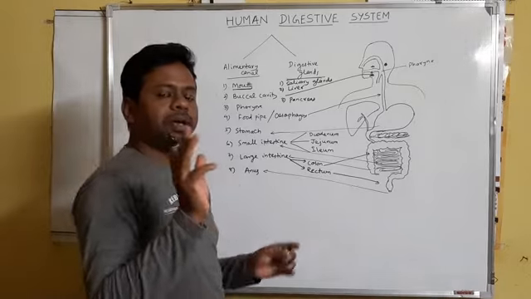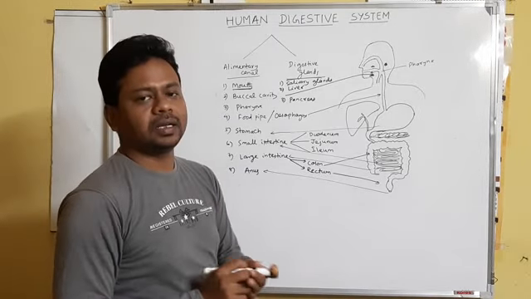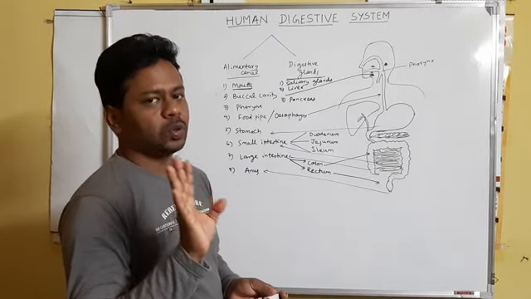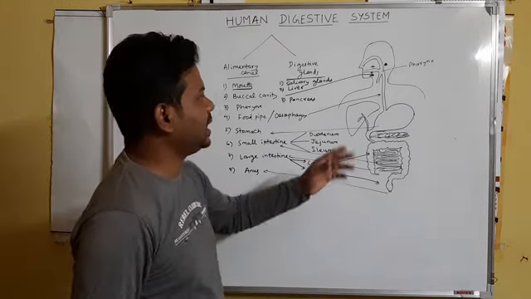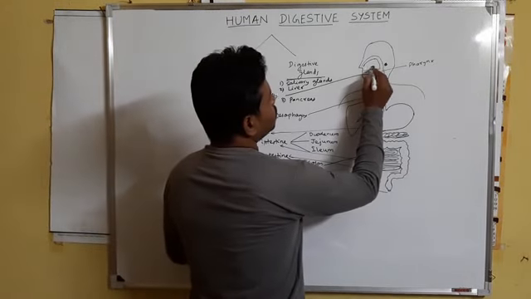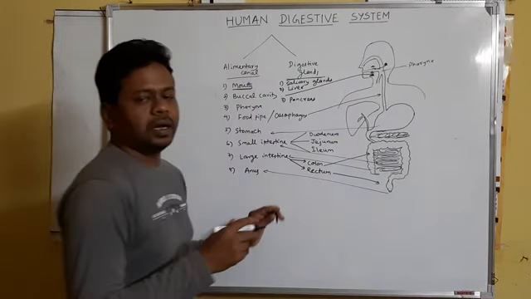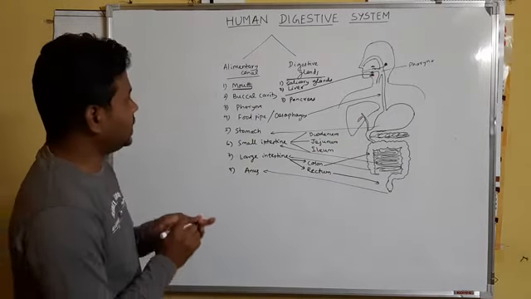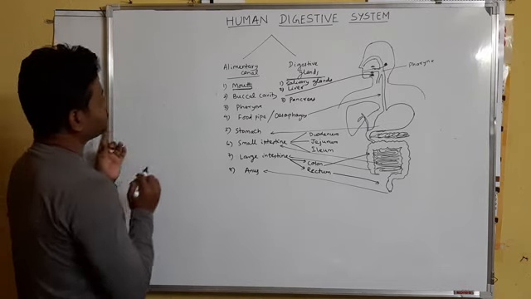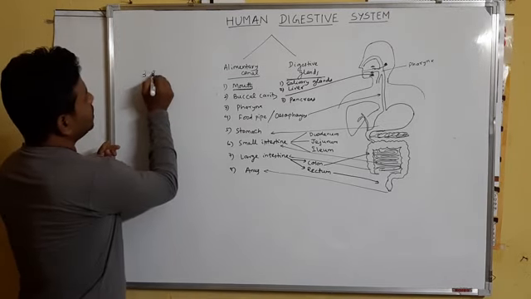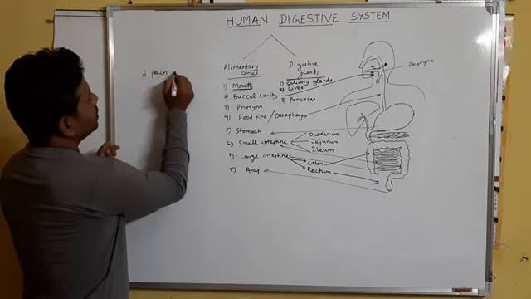Actually 3 pairs of salivary glands are there, means total 6 salivary glands. They secrete the juice to the mouth.